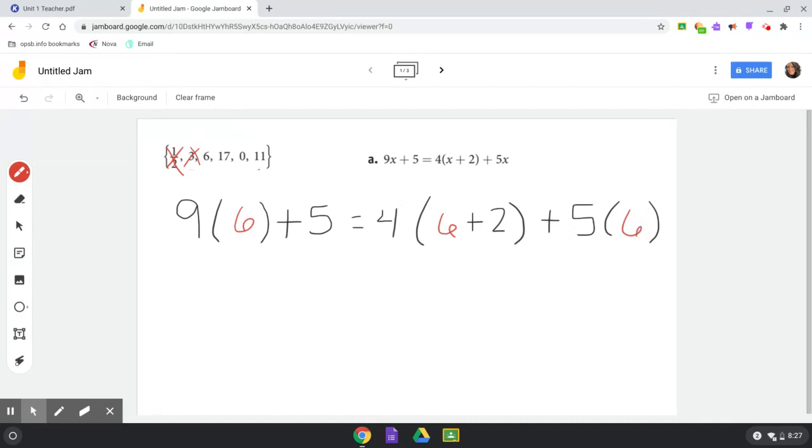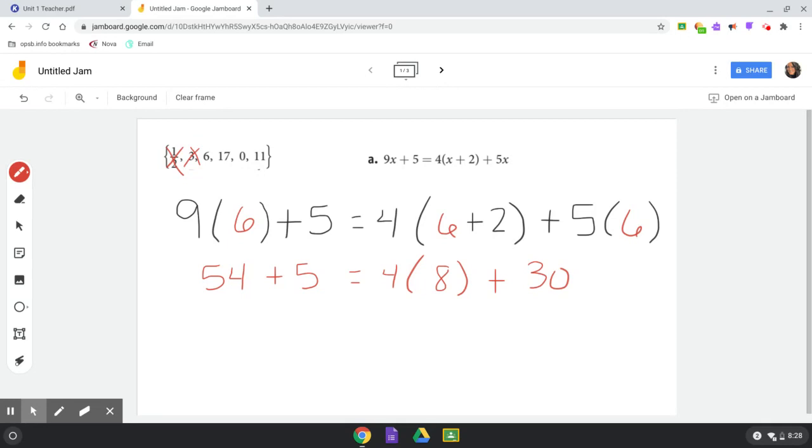Okay, so when we substitute 6 into our equation, we've got 9 times 6, which is 54, plus 5 equals 4 times 6 plus 2. 6 plus 2 is 8, plus 5 times 6, and 5 times 6 is 30.